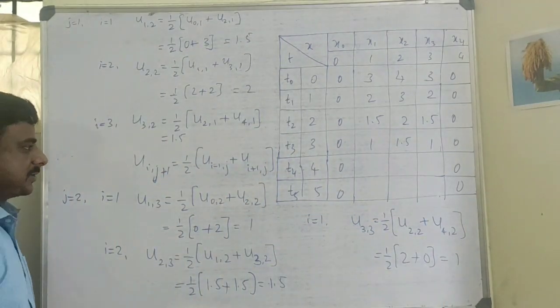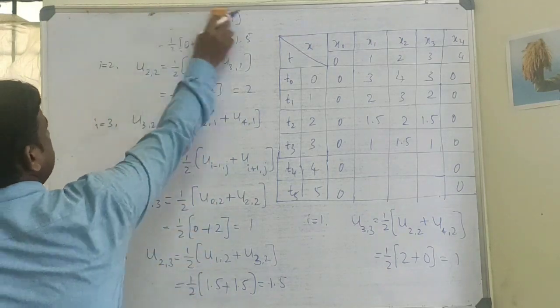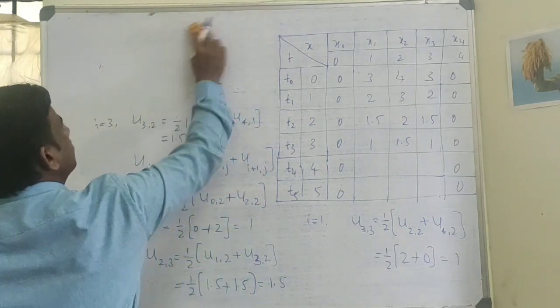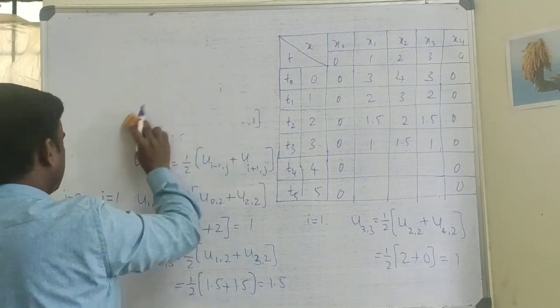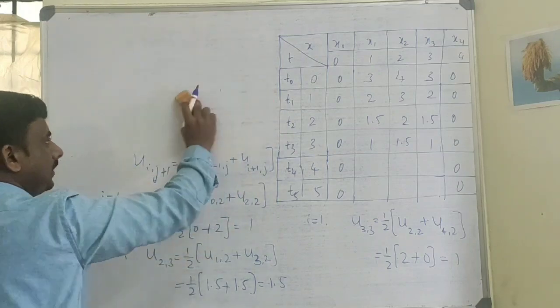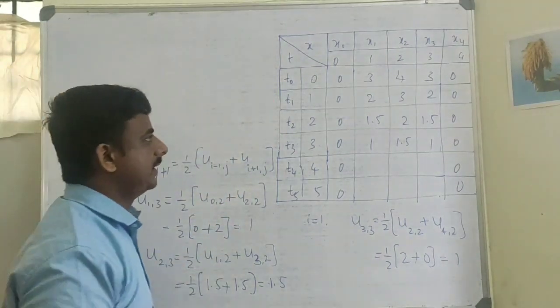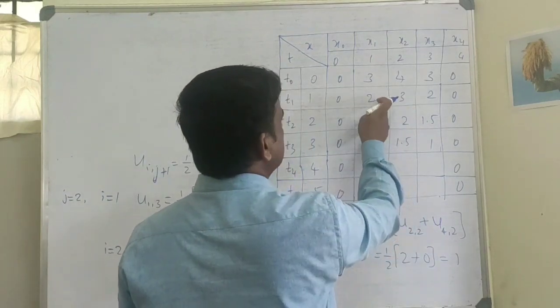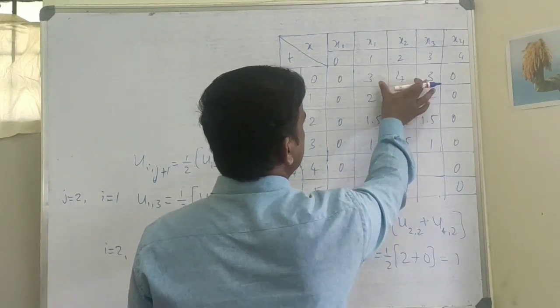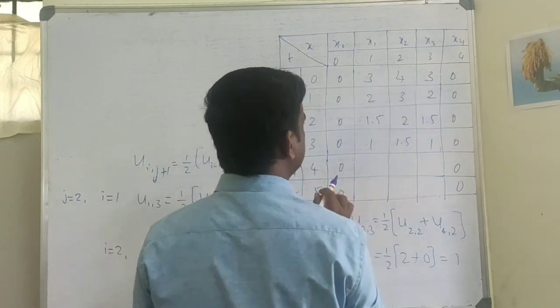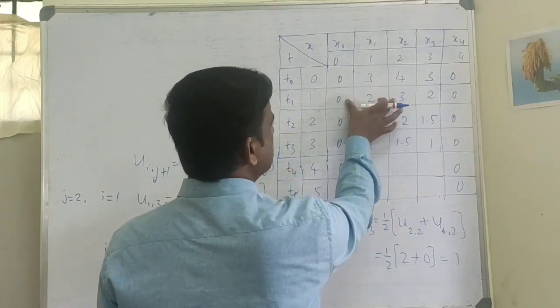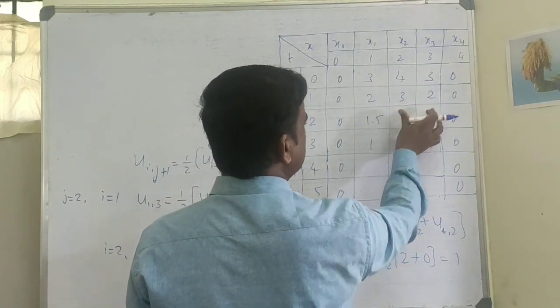If I continue in this way, next taking j equal to 3, you can observe that each entry will be the average of the two entries above it on either side.